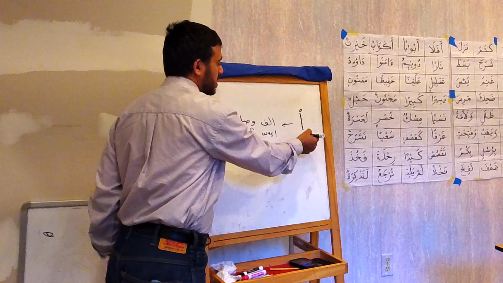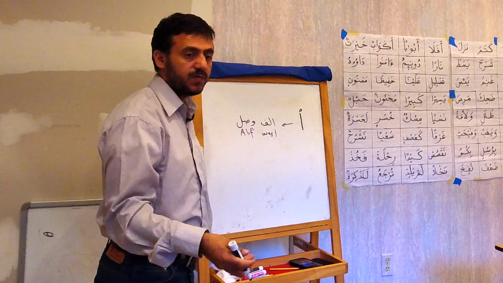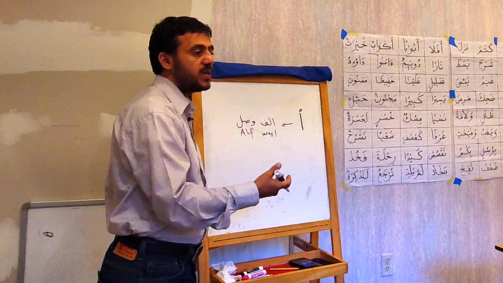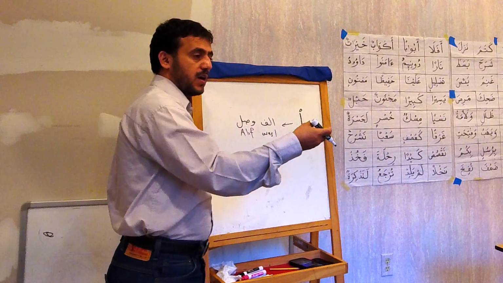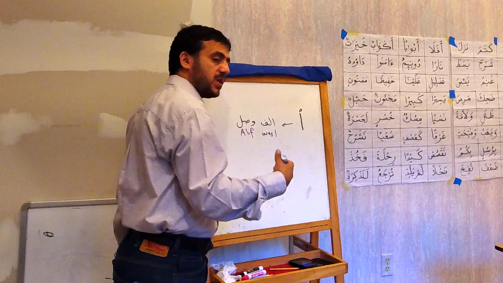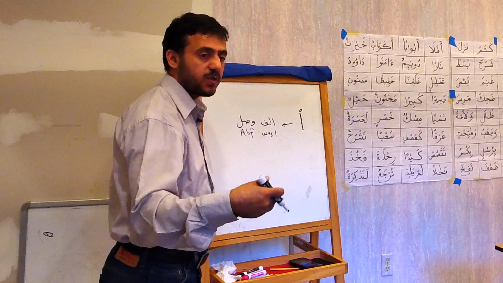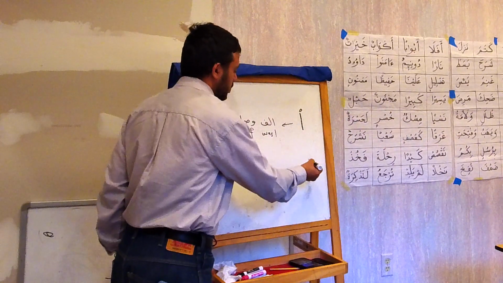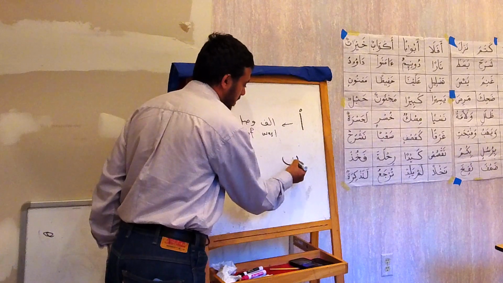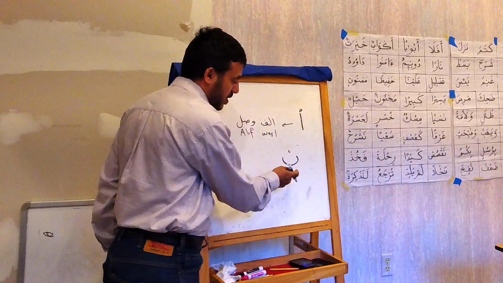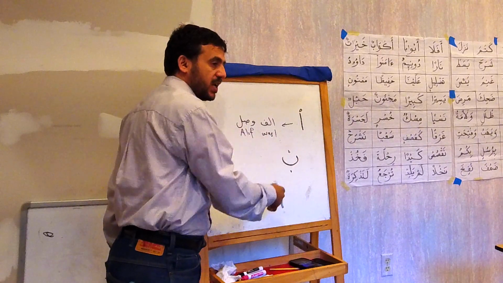The purpose of this alif, it has a function. Whenever you see it, most of the time it's not a part of the word. It is just a tool there to help us pronounce the letter after. If you remember from the sukoon letter, right? When we taught you the sukoon, we said, for example, this is ba sukoon, right? And we said, in order to pronounce the ba sukoon, we need another letter that will help us to pronounce it, right?